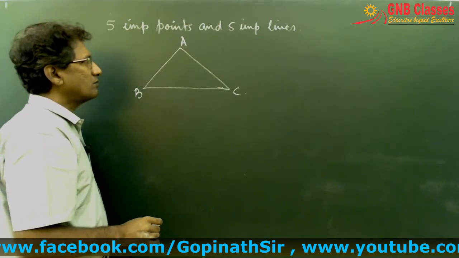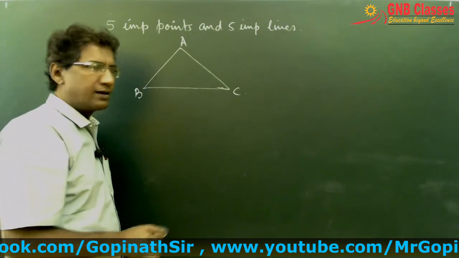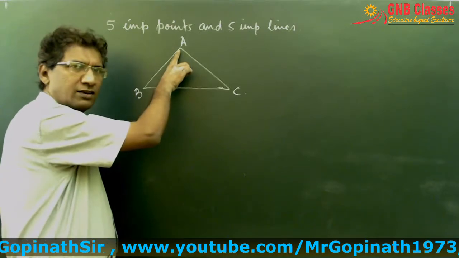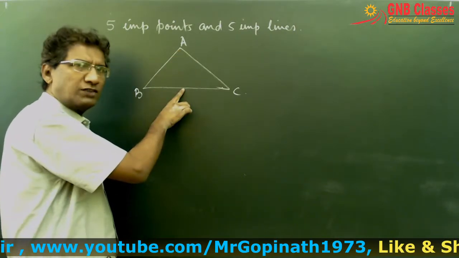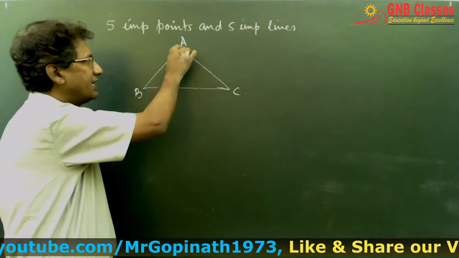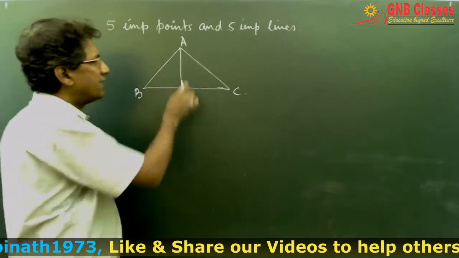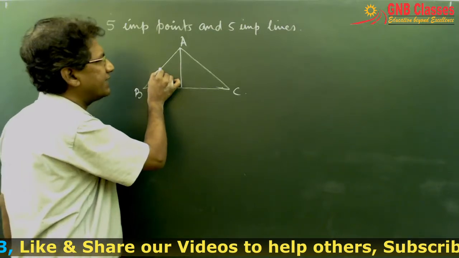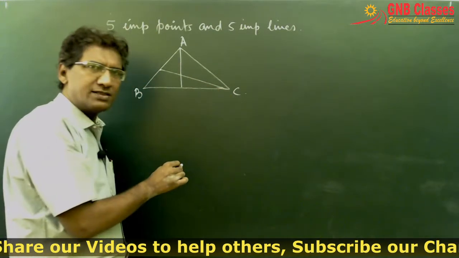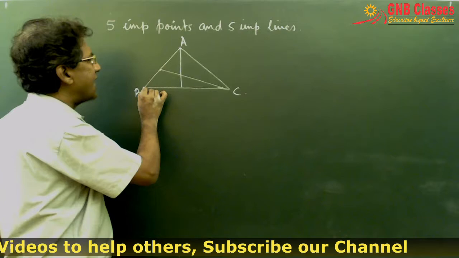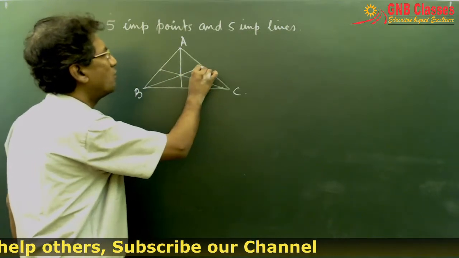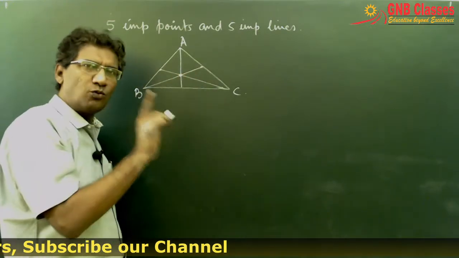Now, if we join any vertex with the midpoint of the opposite side, then those lines are what are called your median. Okay? Now, we can easily see that there can be 3 medians in any triangle, and these 3 medians will intersect at one point.